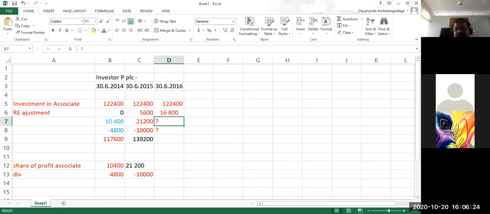And here the adjustment is, you see, 25,200. Retained profit for the period 25,200, which is the share of profit.